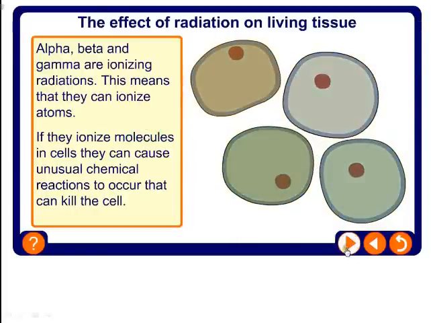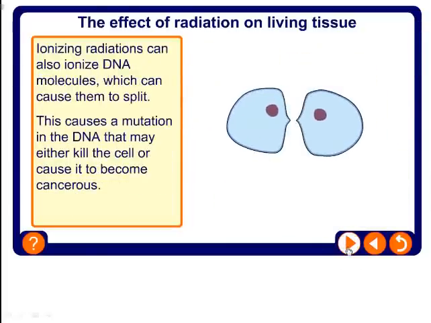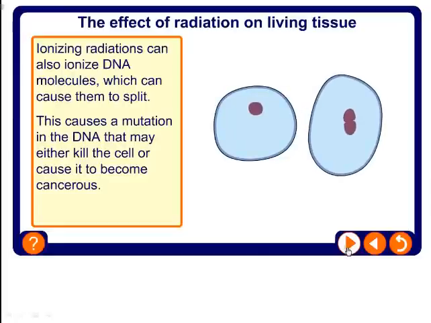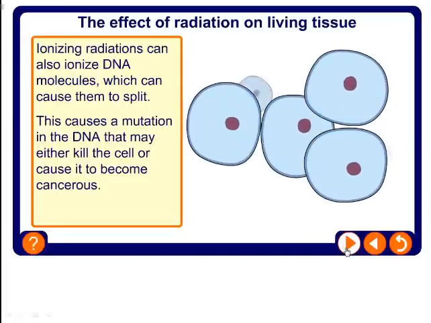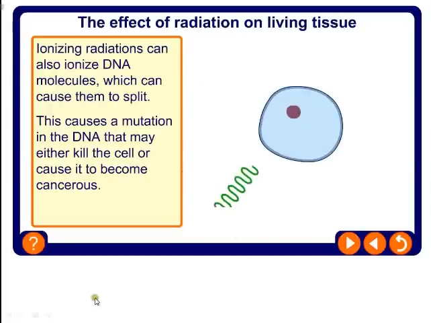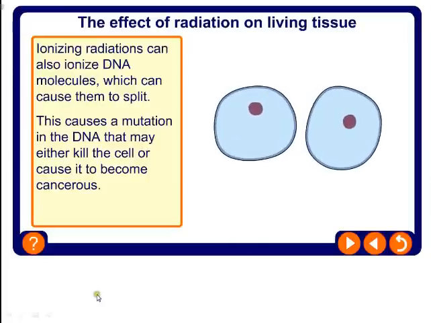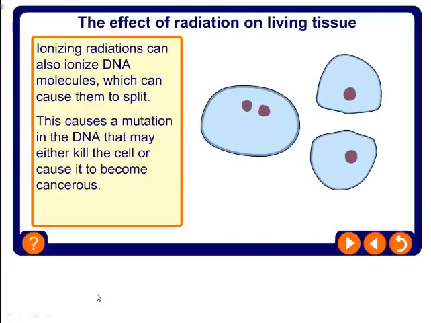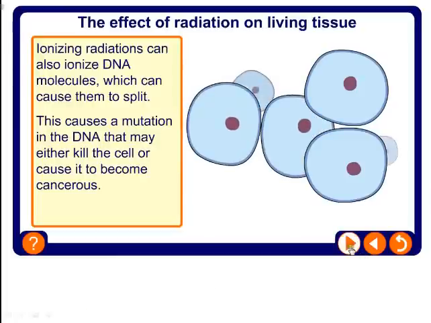So if we take a look a little bit deeper into the cell, we'd have to look inside the nucleus, and inside the nucleus is the DNA, and the alpha, beta or gamma radiation can cause problems when cells divide, and it can cause mutations in cells, which is errors when the DNA is copied. The biggest thing this can cause will be that it can cause cells to be cancerous, so mutations, or it can cause cancer. So it's not very nice at all.